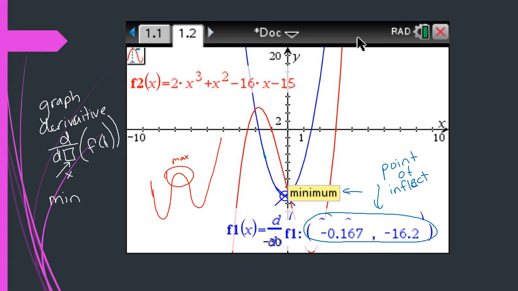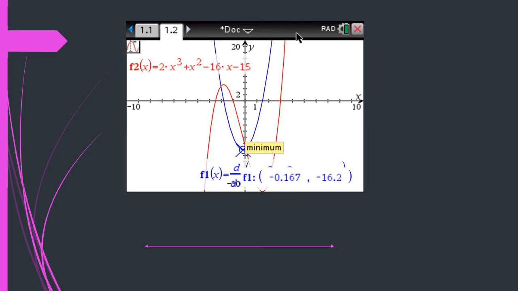So now you have your point of inflection, and we're going to go ahead and do our concavity. Remember that the point of inflection is the point that we're using to reference our graph. We're looking at the x value, so we're going to say negative 0.167.